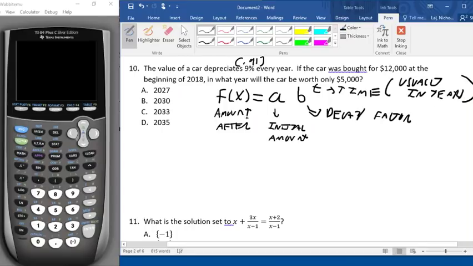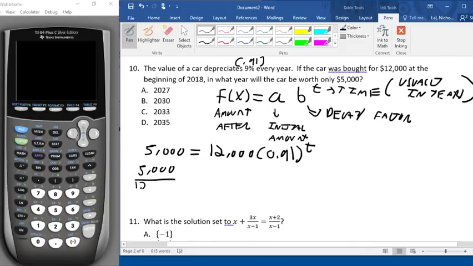So setting this up, 5,000 is equal to 12,000 times 0.91 to the t power. And so that means 5,000 divided by 12,000 is equal to 0.91 to the t power.